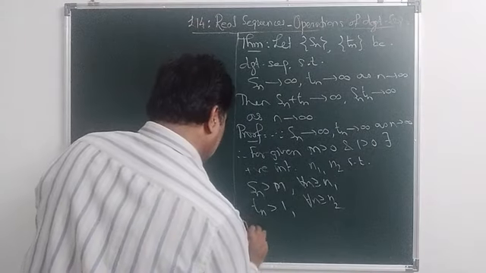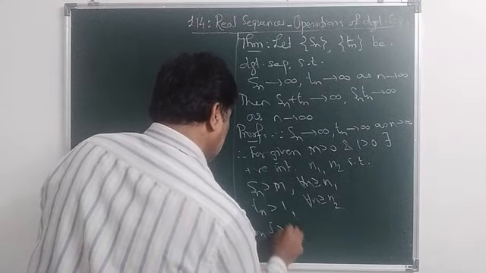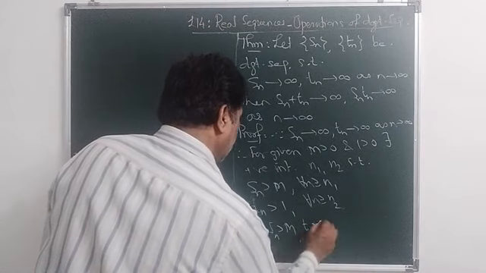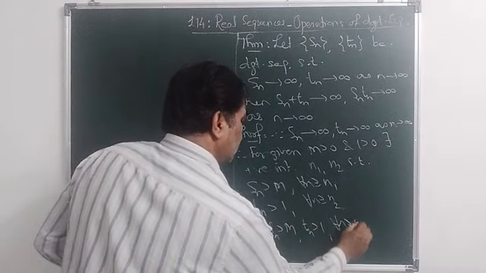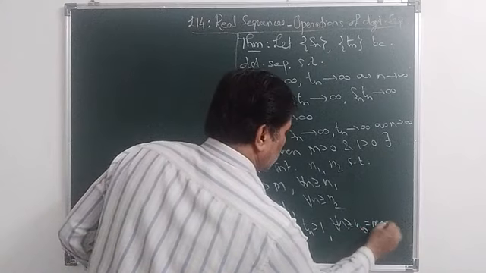Then Sn greater than m, Tn greater than 1 for every n greater equal n0, which is equal to the maximum of n1, n2.